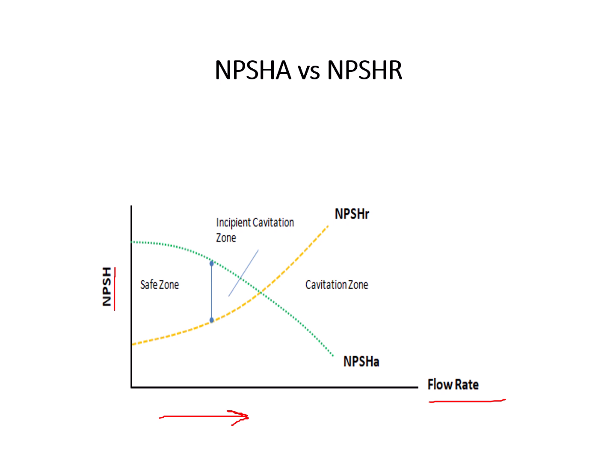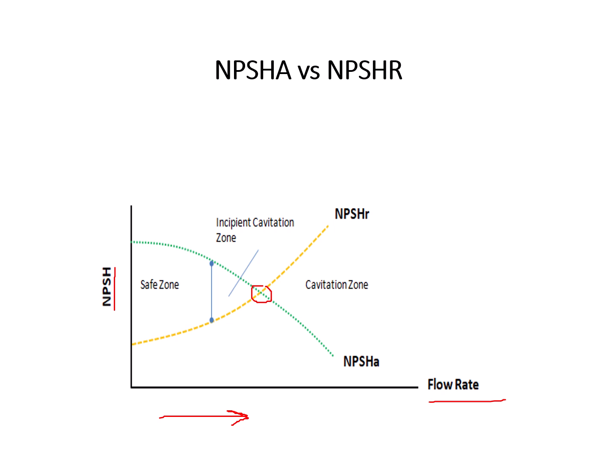At this point we are in great risk, as we stated in the last slide. When the net positive suction head required is equal to the net positive suction head available, we are at big risk of cavitation, because if we increase the flow rate a little bit more, we are in the cavitation zone.